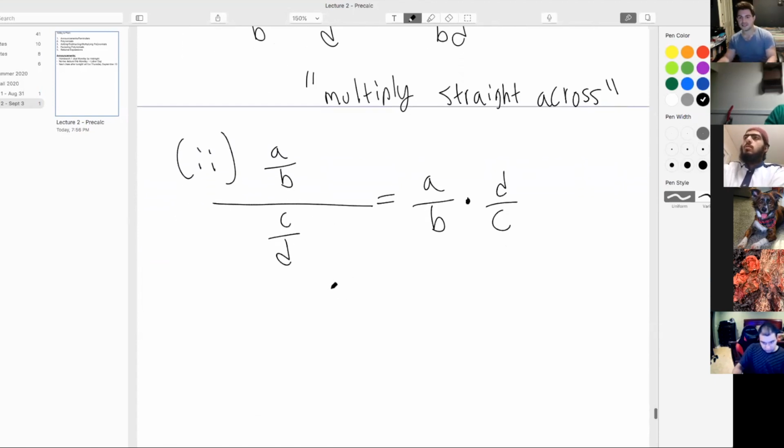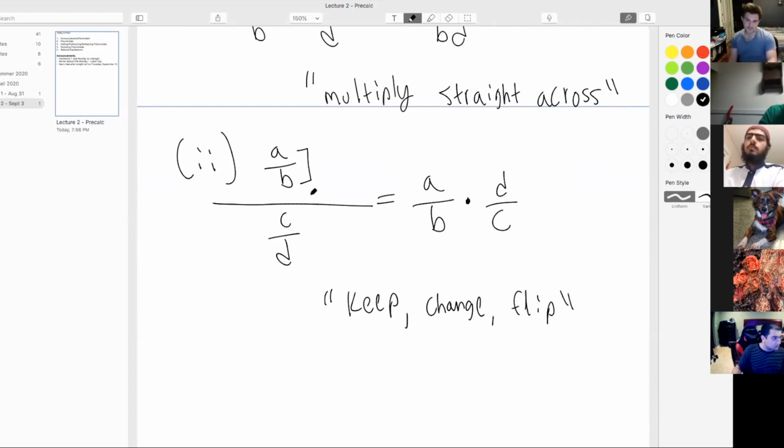What I like to do is think of it as keep, change, flip. I'm keeping a over b the same, changing the division to multiplication, and flipping the c over d to d over c. That's the way I think about it in my head.